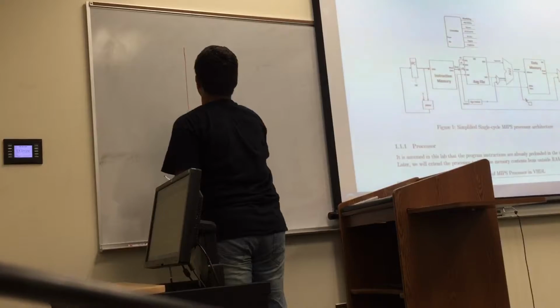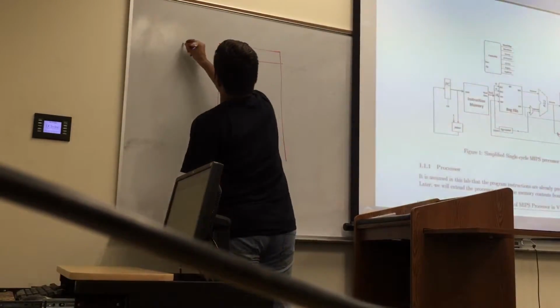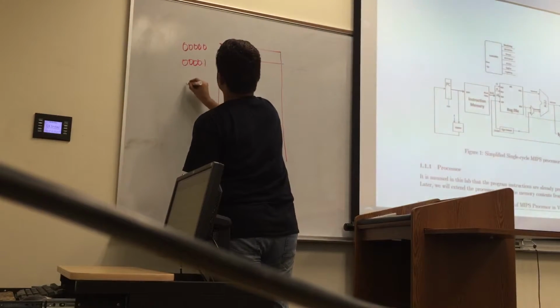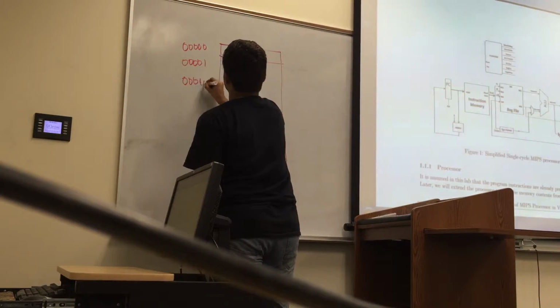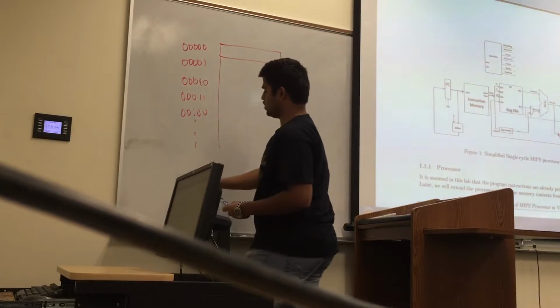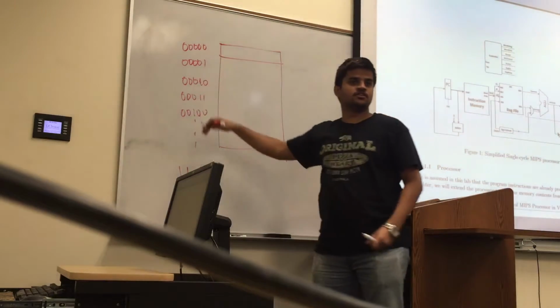Let's say that we have the register file here, addresses 000, 001, 010, and it goes on until 1111. But for my convenience, I'll just consider these 5 values.